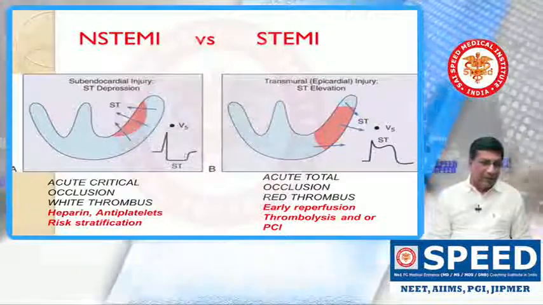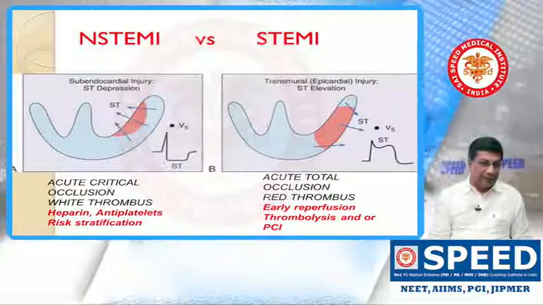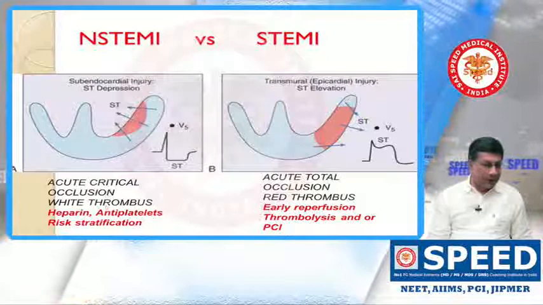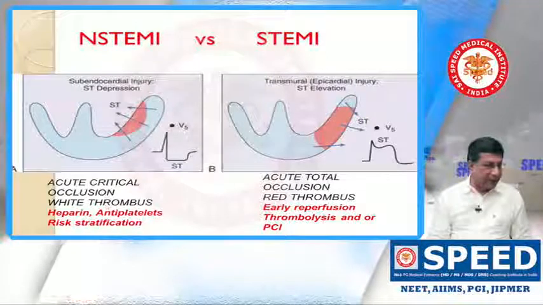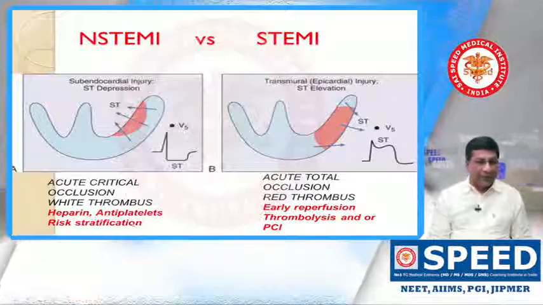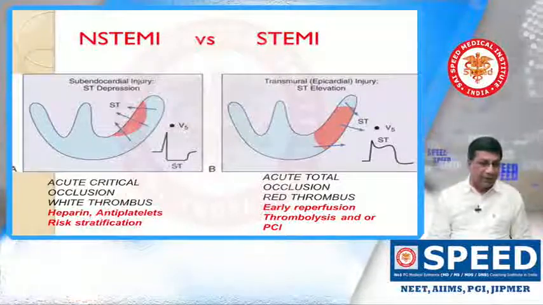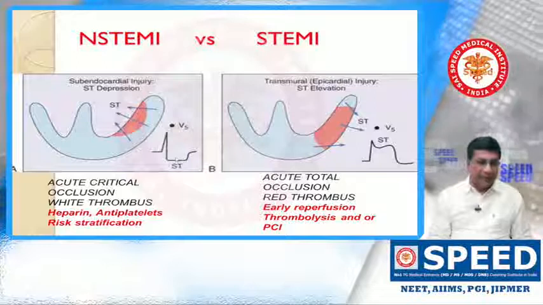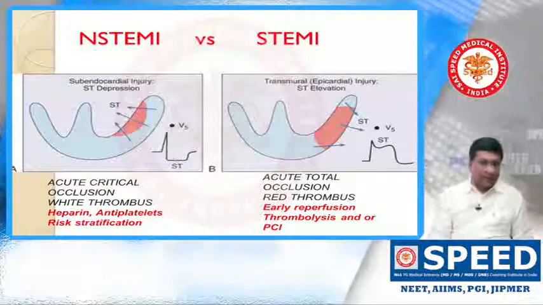That gives two pieces of information: critical occlusion, and a white thrombus rich in platelets. That's why you don't thrombolyse these patients. You give heparin and antiplatelets, restratify, and do a coronary angiogram or maintain them on medical management.